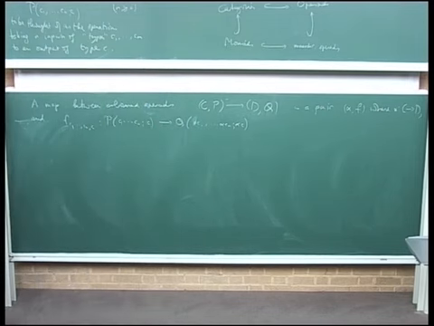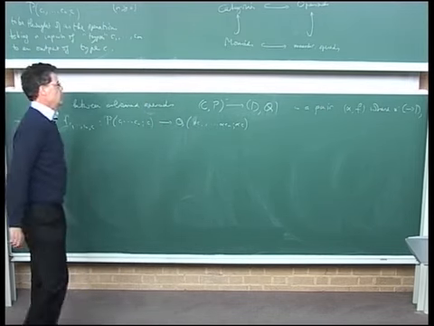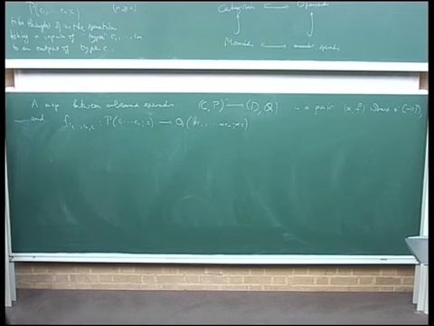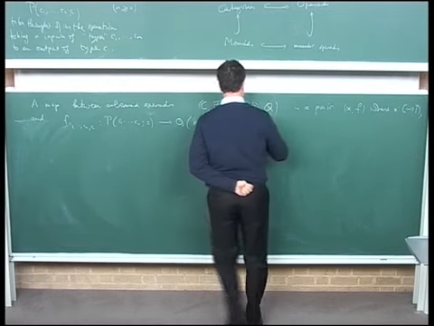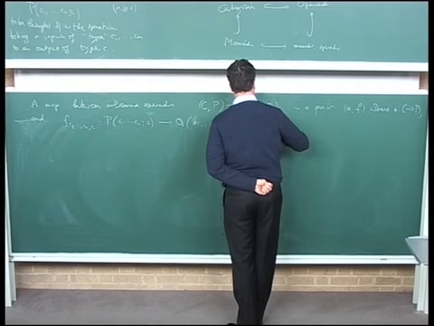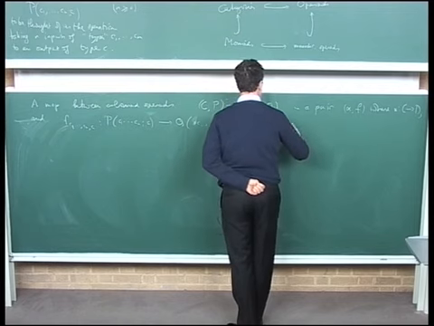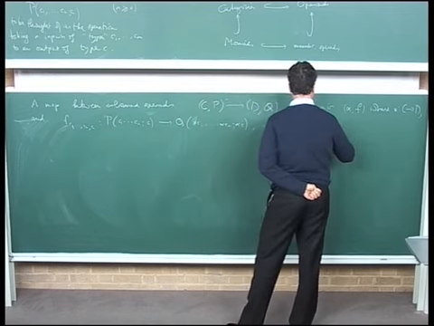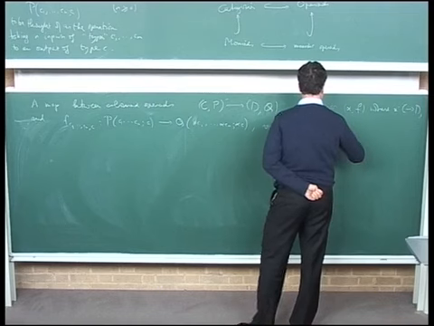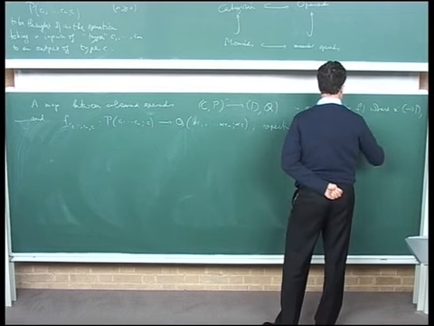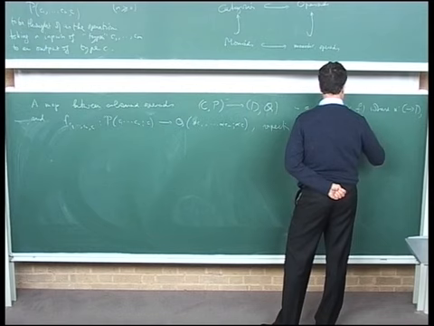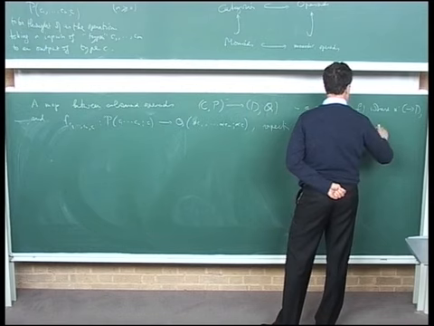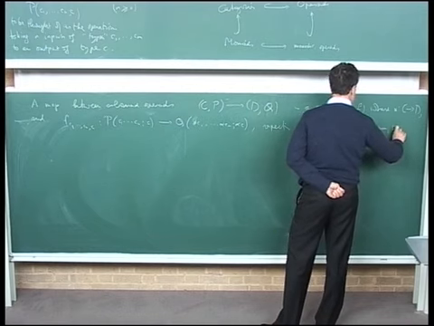Okay, so in the special case of categories, these are just the functors satisfying the obvious conditions, respecting the structure. So the structure is composition, symmetries, and units.